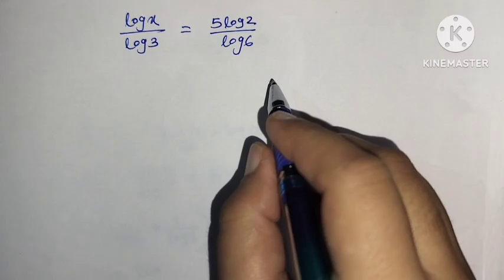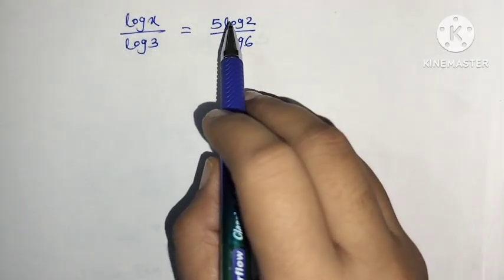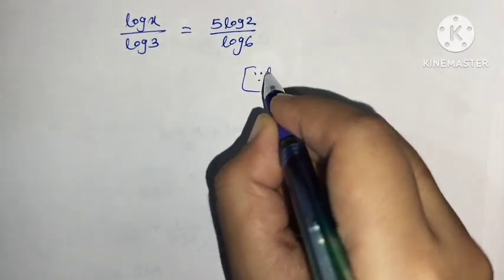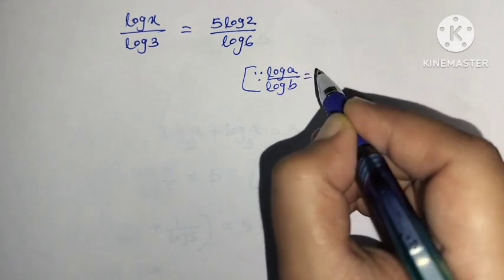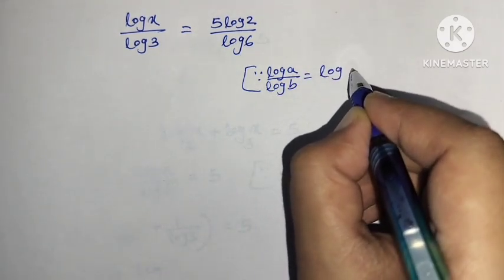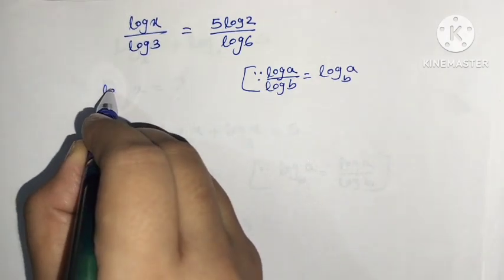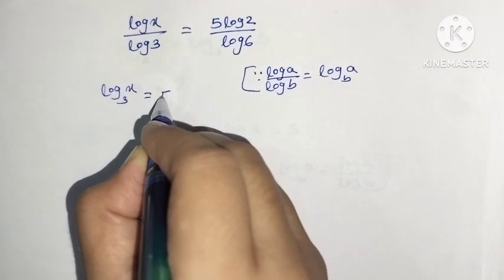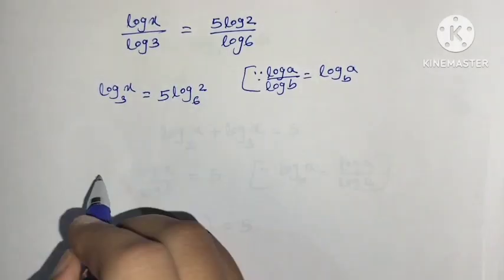The next step: log x by log 3 is equal to 5 log 2 by log 6. We apply here log a by log b is equal to log a base b. So log x base 3 is equal to 5 log 2 base 6.